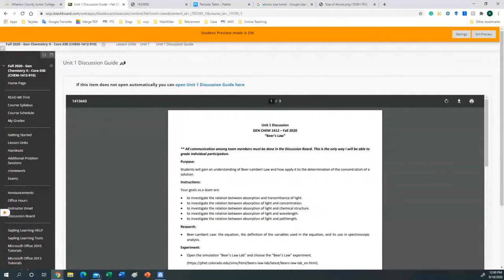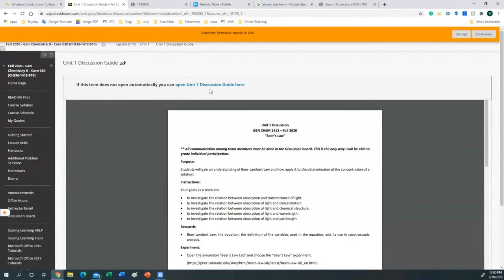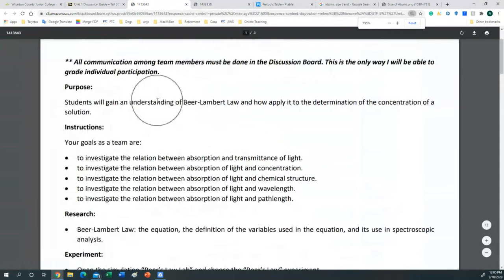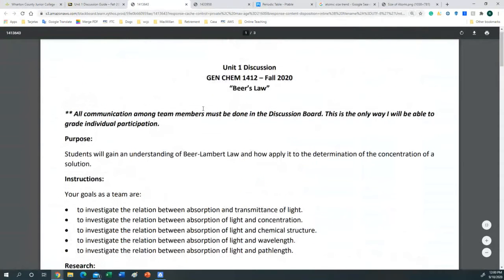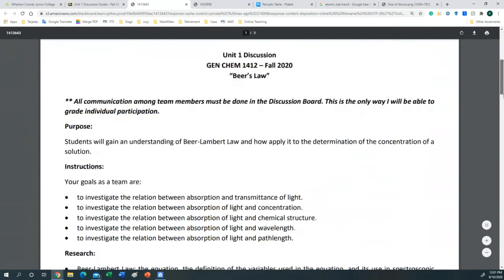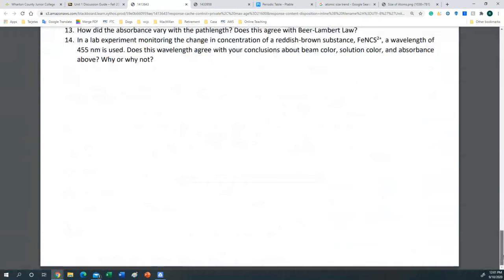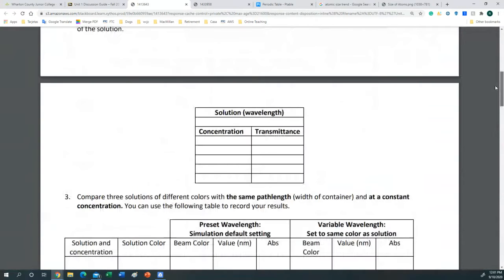This page here is, let me see if I can make it even bigger. There you go. You have here the layout or the guideline for your discussion. Now, as you can see, it's quite long, right? So you better start working on it.